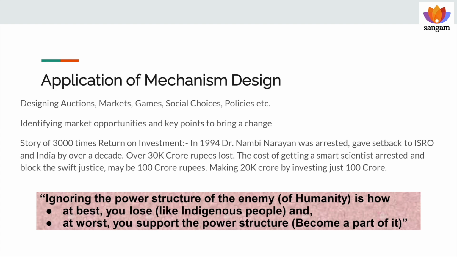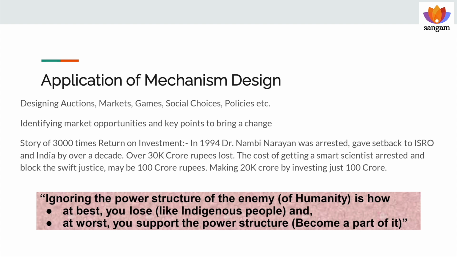Then the whole system will keep on working, but not for themselves, but for the designer, for someone who influenced it. So control over the narrative and controlling the information flow is one way the mechanism designer, or the people who understand mechanism design, can influence the outcome.